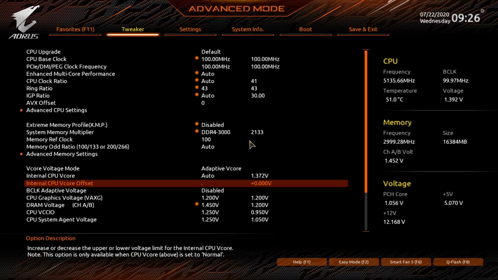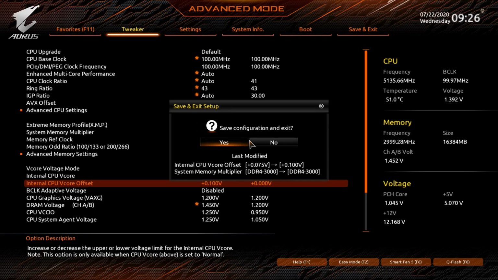Okay, so 0.075, we'll try, well, since we had a crash that early on, we'll try just 0.1. And hopefully we get 5.1. It's not guaranteed, but I think we will.